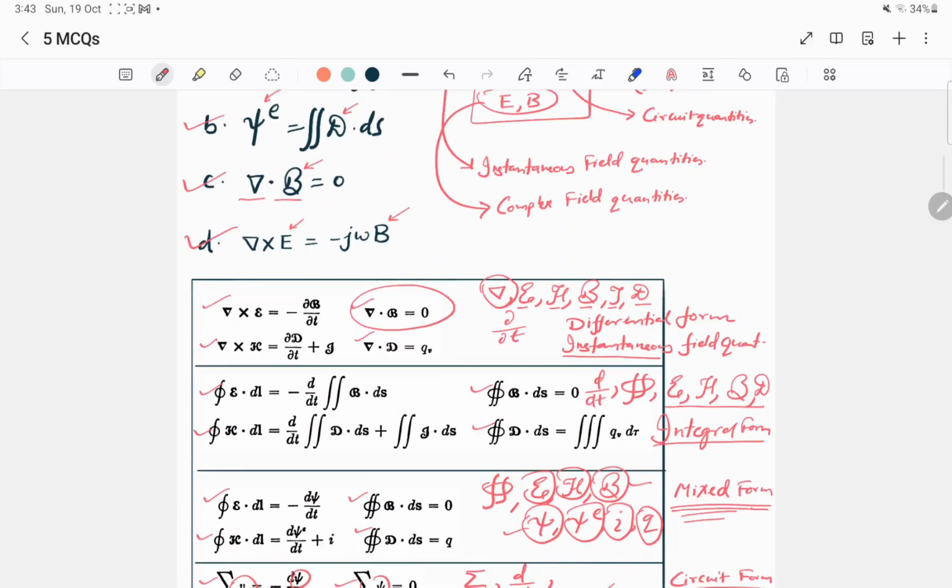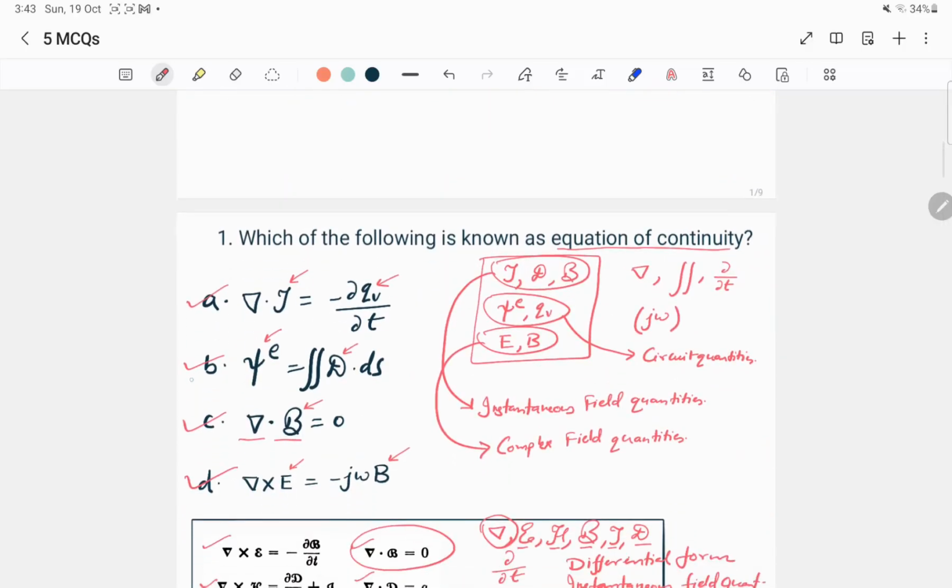So this option number B is actually a relationship between circuit quantity psi E and field quantity D.